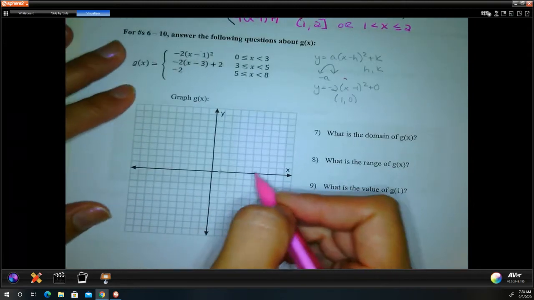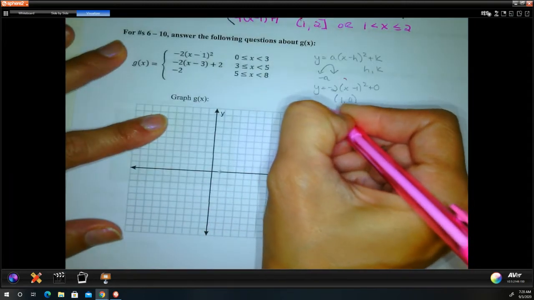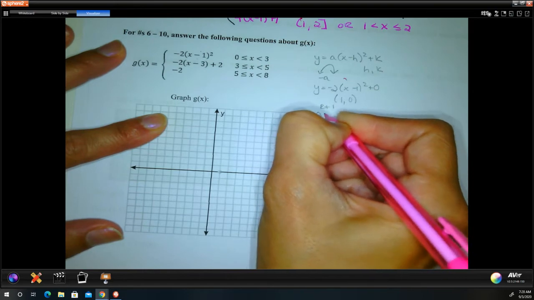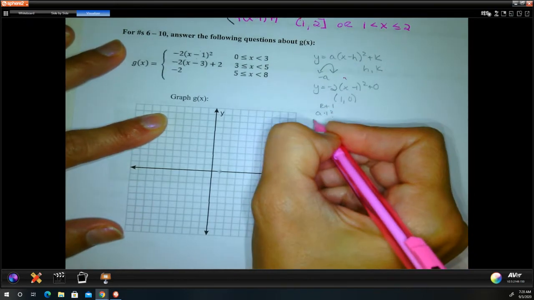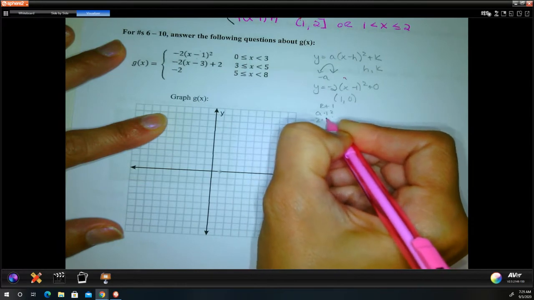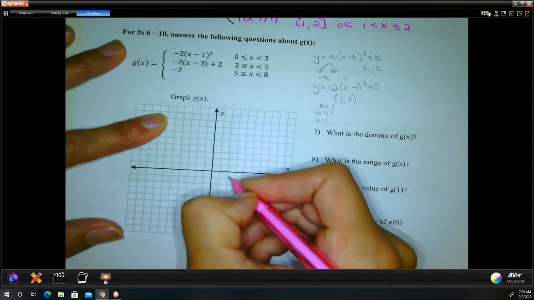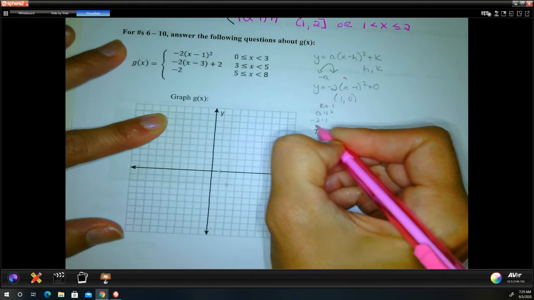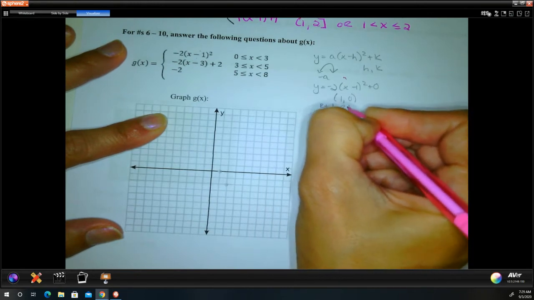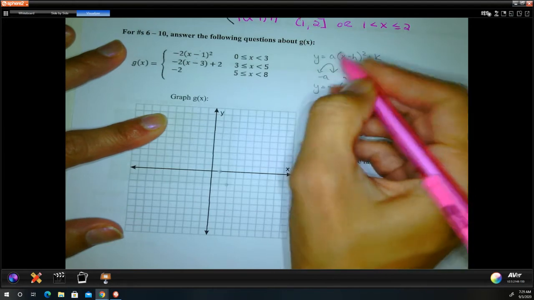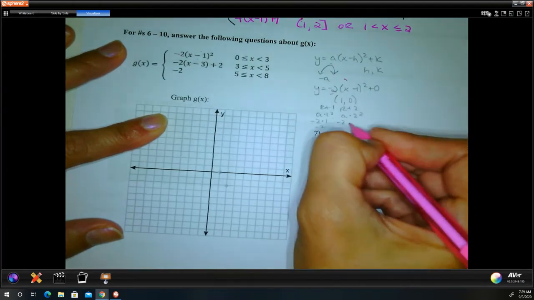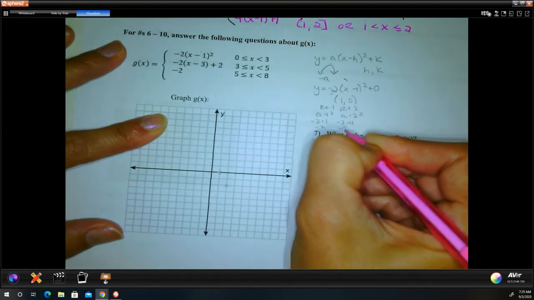Remember, as I move right 1, it's a times 1 squared. I have to square because this is a quadratic. So a is negative 2, 1 squared is 1. Right 1, down 2, because that's negative 2. Now I'm going to go right 2, a times 2 squared. Negative 2, that's my a value, times 2 squared is 4, gives me negative 8.